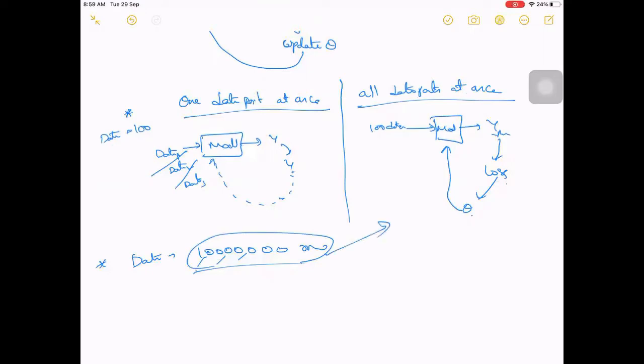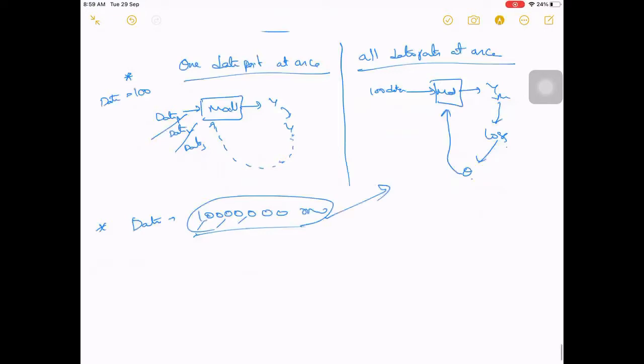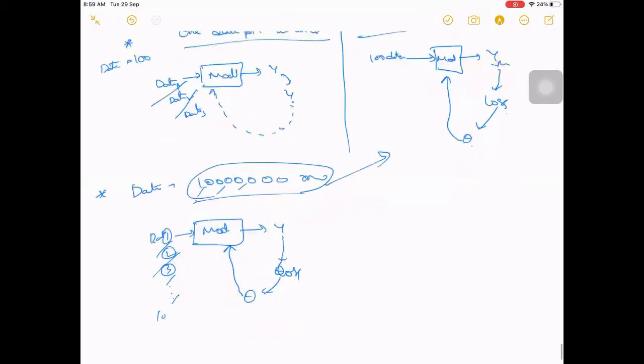If you send one data point at a time, the first point goes through the model, you get a prediction, calculate the loss and gradient, update theta, and send it back to the model. Then you continue with data 2, data 3, and so on, until you complete one complete epoch.